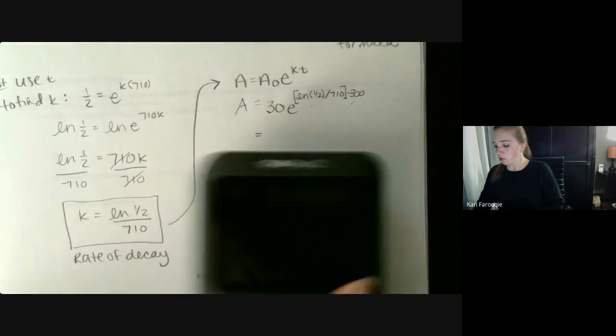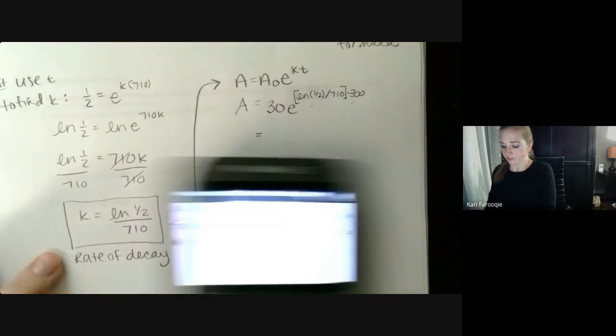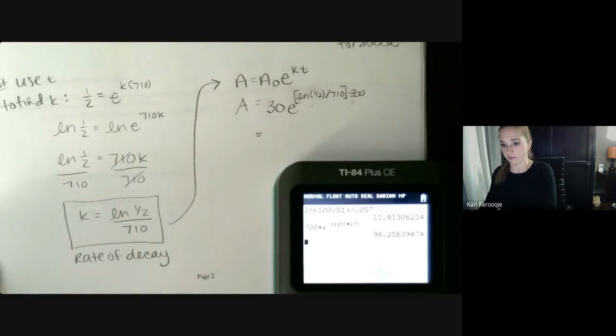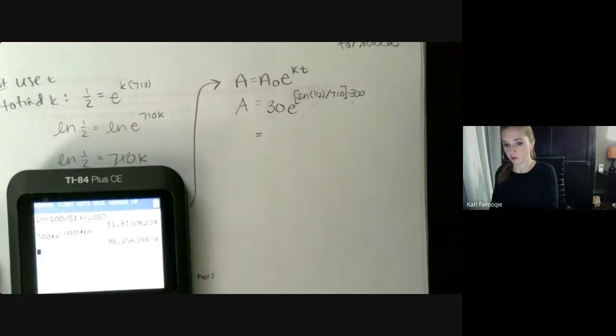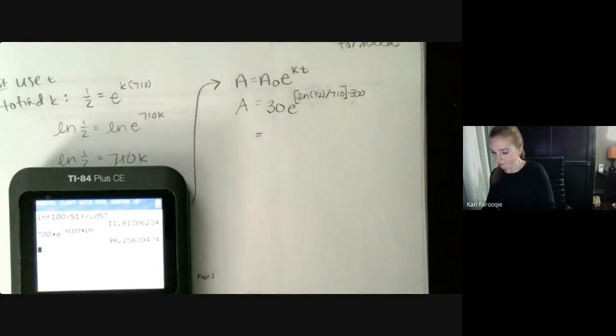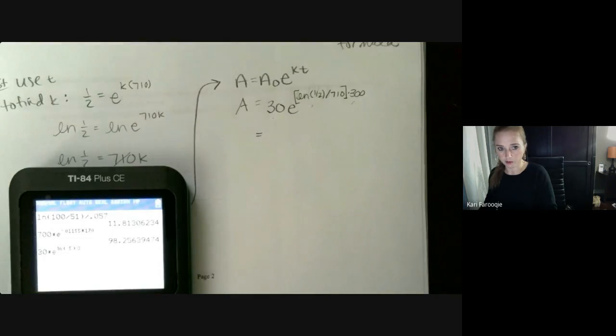So I am going to put this in my calculator. Okay. 30 times e to the natural log of 1/2. If you prefer a decimal, fine. 0.5 is the exact same as 1/2, so totally fine.